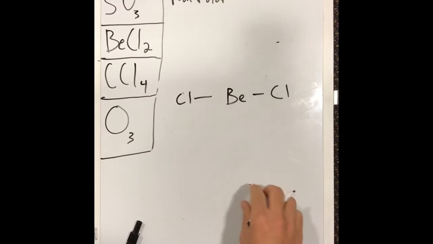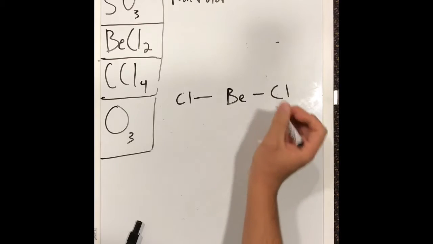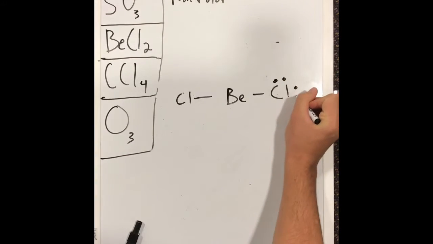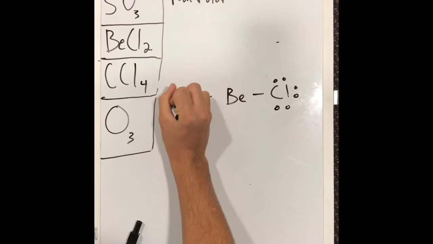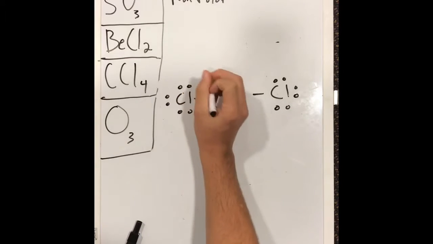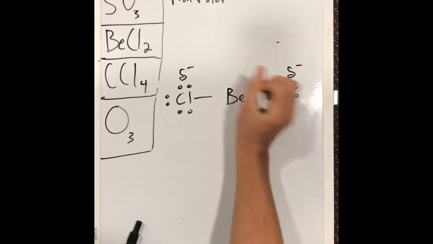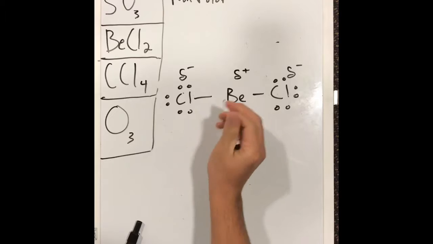So in this structure, Be does not actually need an octet because it's a special case. And the molecule is perfectly happy this way. Electronegativities of the Cl are greater, so this is partial negative charges with a partial positive in the center.